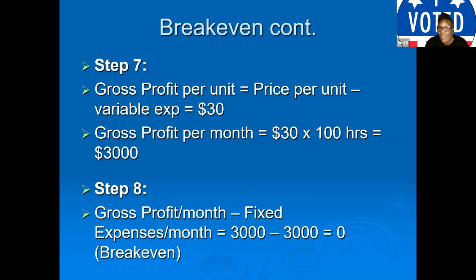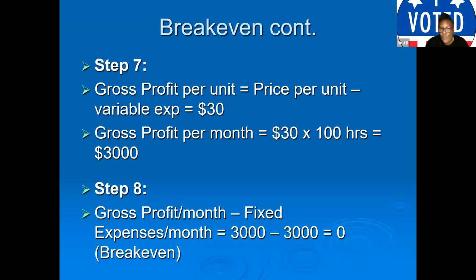So the gross profit per unit is now $30 per unit. That gross profit per month, because we know it's 100 hours per month, is now 30 times the 100 hours per month, which gives you a grand total of $3,000.